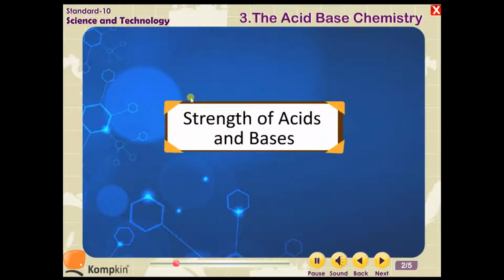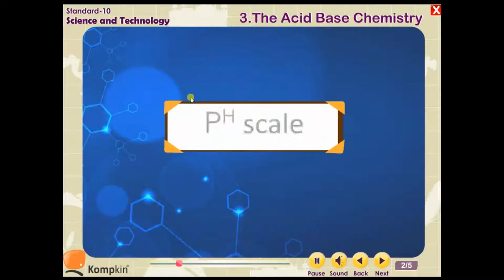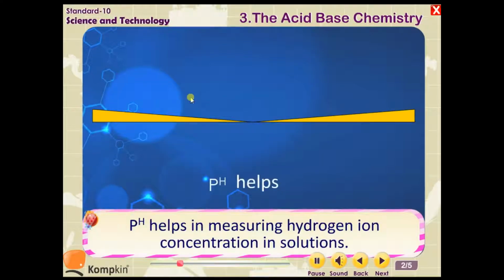Strength of acids and bases. We can judge acidity or basicity by using a universal indicator. pH scale. pH helps in measuring hydrogen ion concentration in solutions.